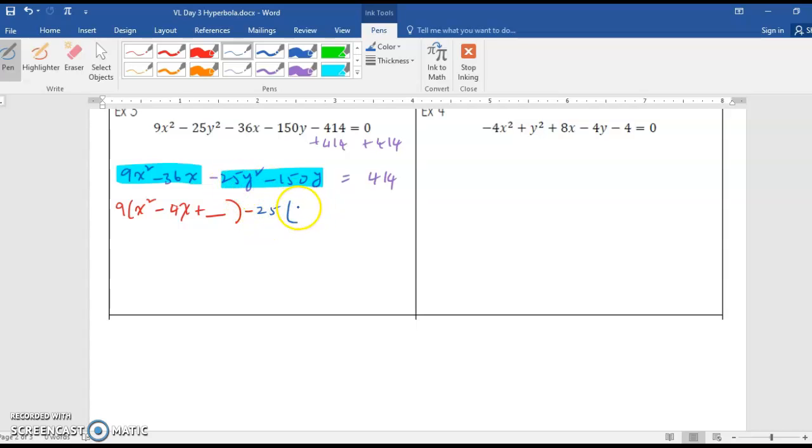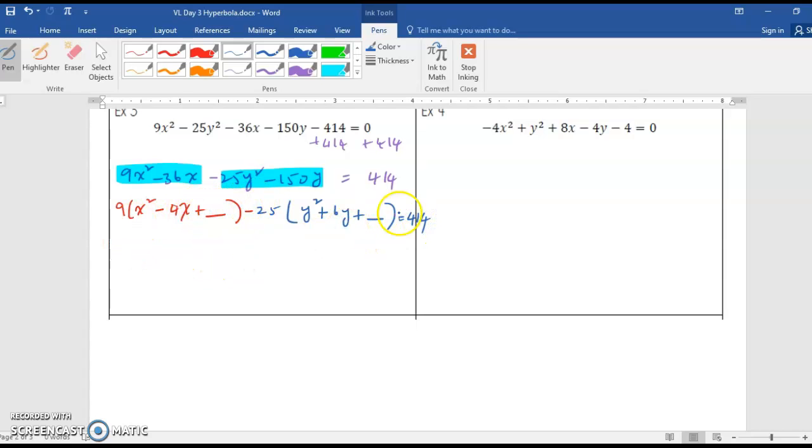So this would be positive y squared inside, because negative 25 times y squared is negative 25y squared, and negative times negative is positive, so this will be a plus here, and 6y, because 25 times 6 is 150, plus blank, and on the right you will have 414, right?